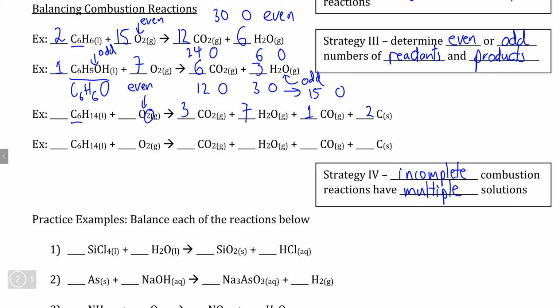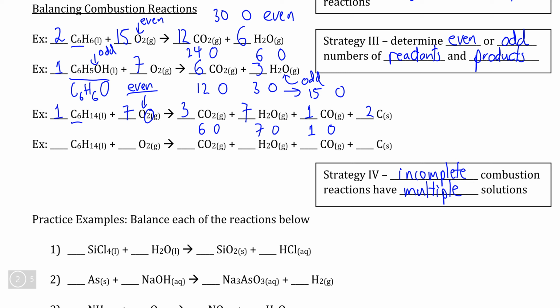So that way, if we count the number of oxygen, we have 3 times 2 is 6 oxygen in the carbon dioxide molecule, plus 7 oxygen from water, plus 1 oxygen from carbon monoxide. 6 plus 7 plus 1 is 14 oxygen, which is an even number. 14 divided by 2 is 7, and we can see, even though we changed how we balanced carbon, we still have 6 carbon in our reactants, and then 3 plus 1 is 4 plus 2 is 6 carbon in our products as well.